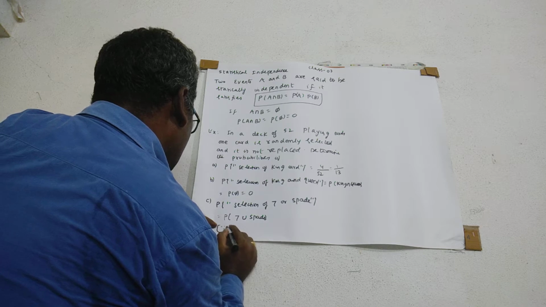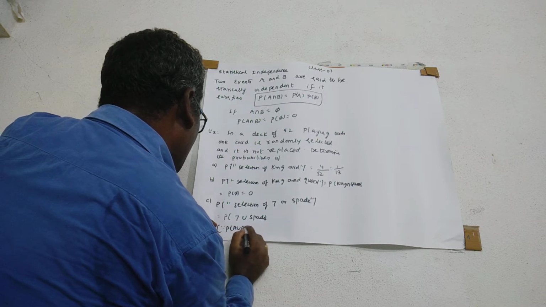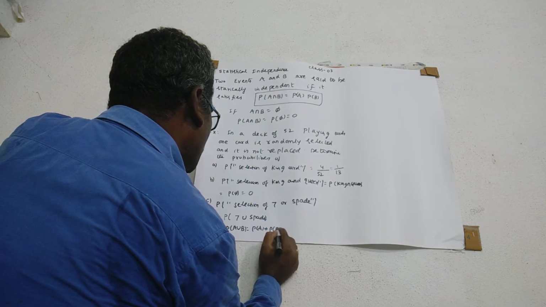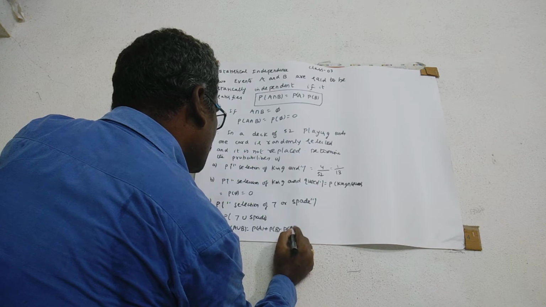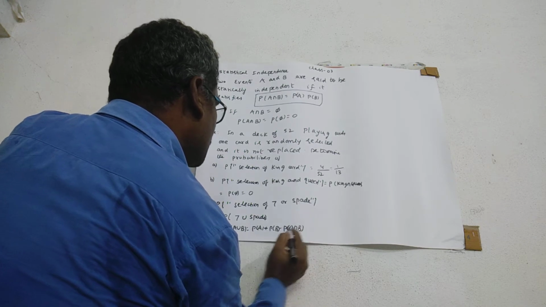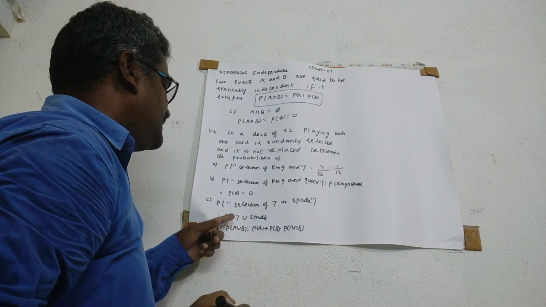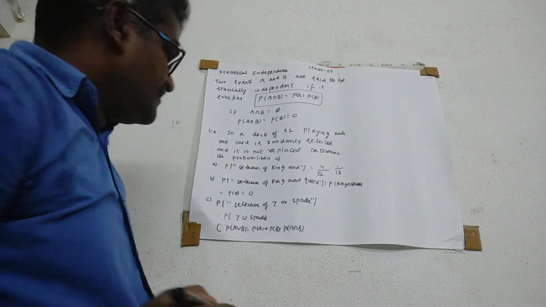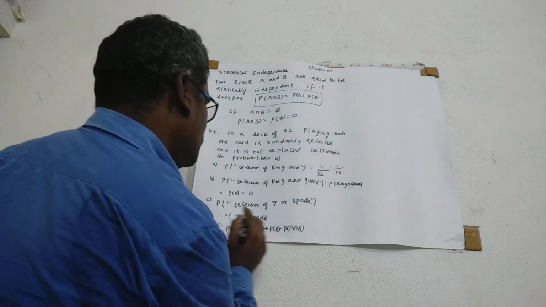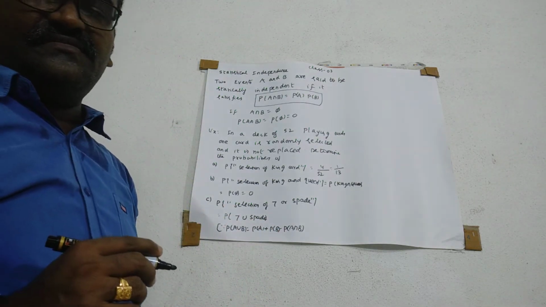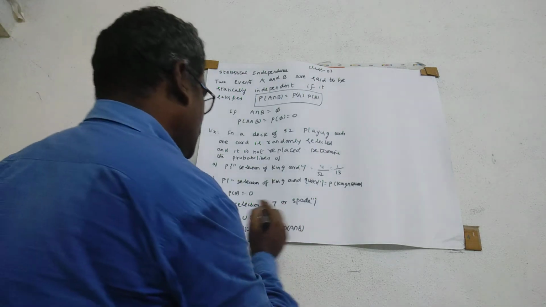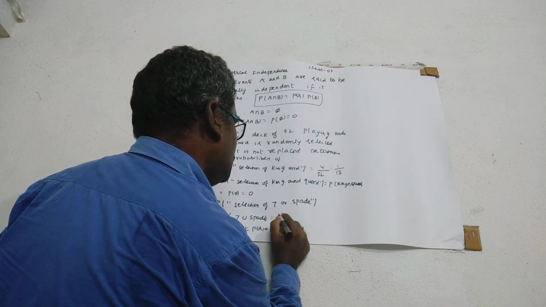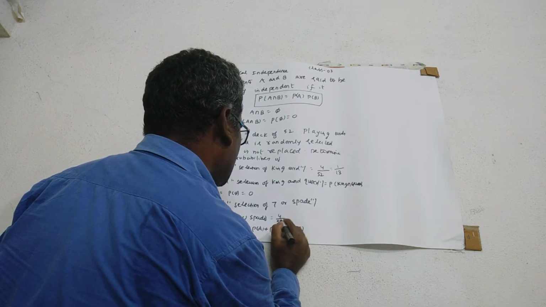Since P of A union B is equal to P of A plus P of B minus P of A intersection B. Here A represents the selection of a card numbered 7 and B represents the selection of a spade. By substituting, how many 7s do we have in a deck of 52 cards? We have 4. Hence it is 4 by the total number of possible cards, 52.